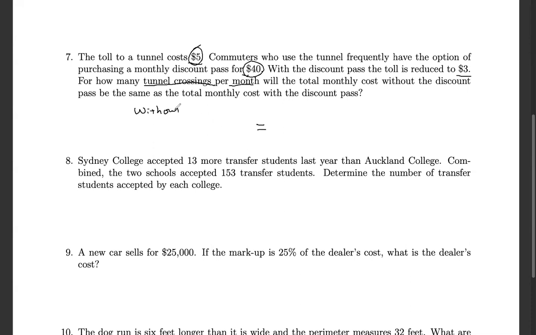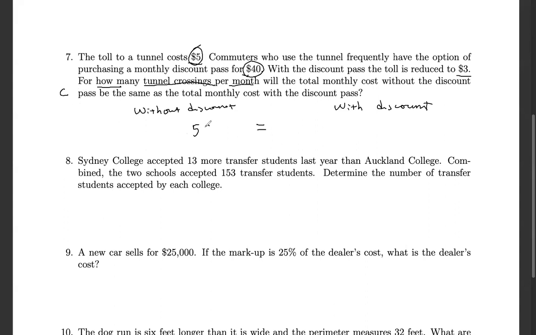So let's say without the discount. This side is with discount. So how do we form that expression without discount? Without discount, you just have to pay $5 each time, right? For how many crossings? Let's call it C, for C many crossings.